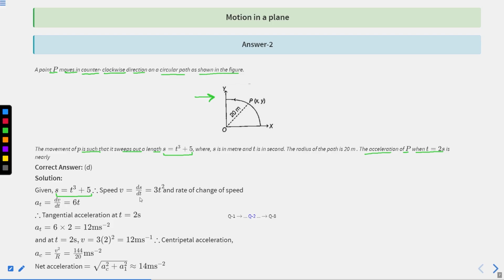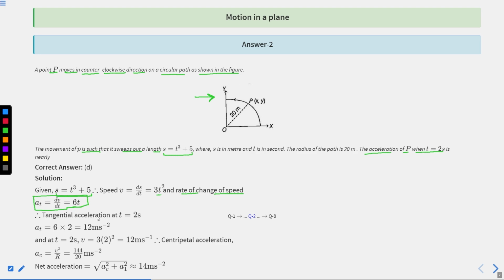Speed v equals ds upon dt, the derivative of s, so v equals 3t square. The rate of change of speed, at equals dv upon dt, which is equal to 6t.